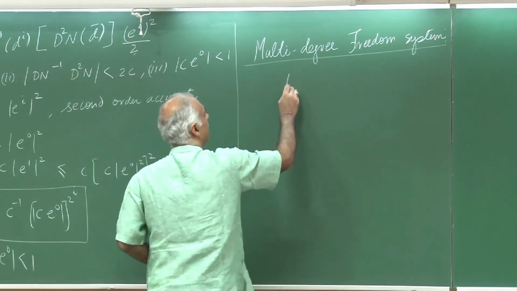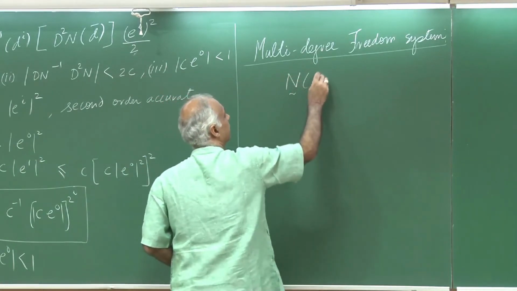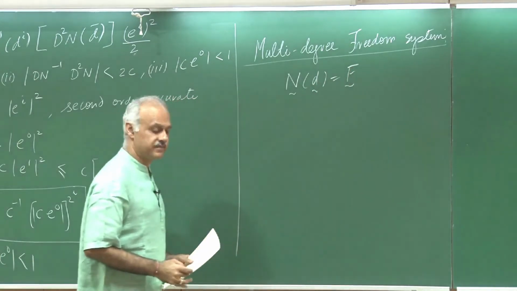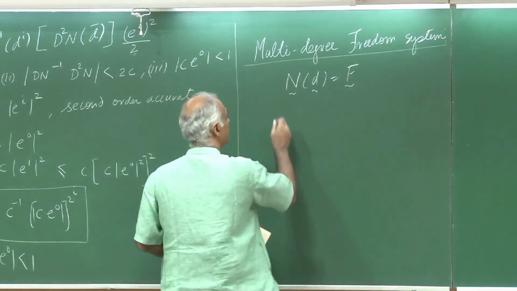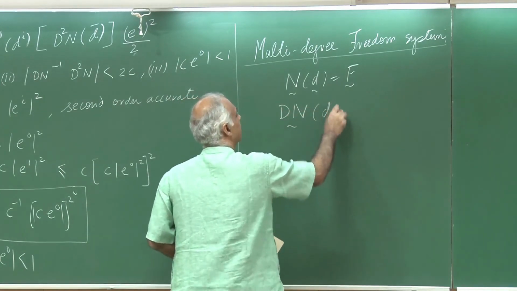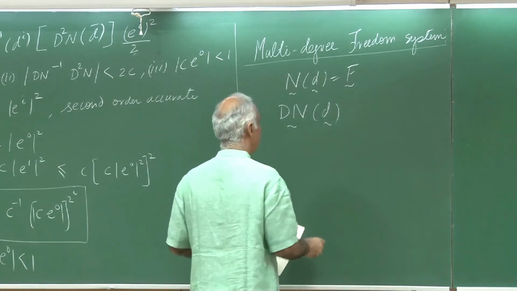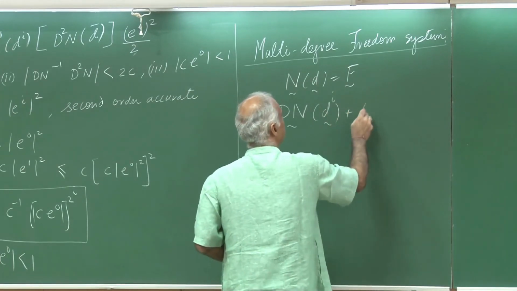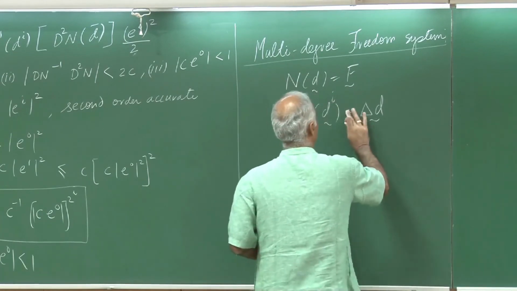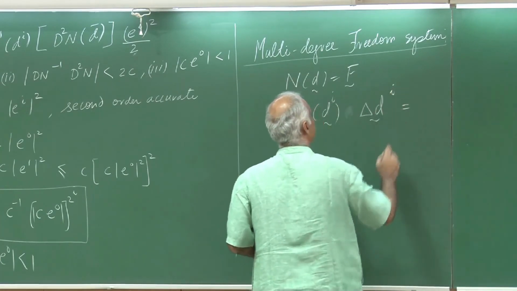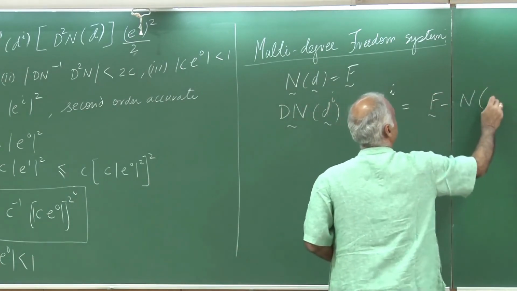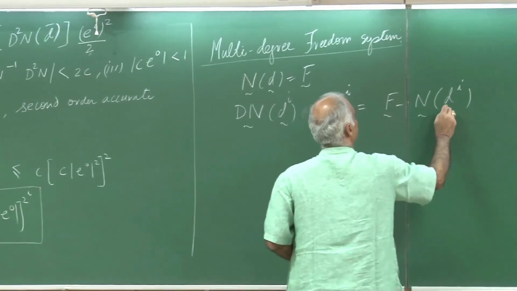So now we are going to have the general problem N(d) equal to f. So now I am going to talk about dN of d_i times delta d_i. This is going to be equal to f minus N of d_i.